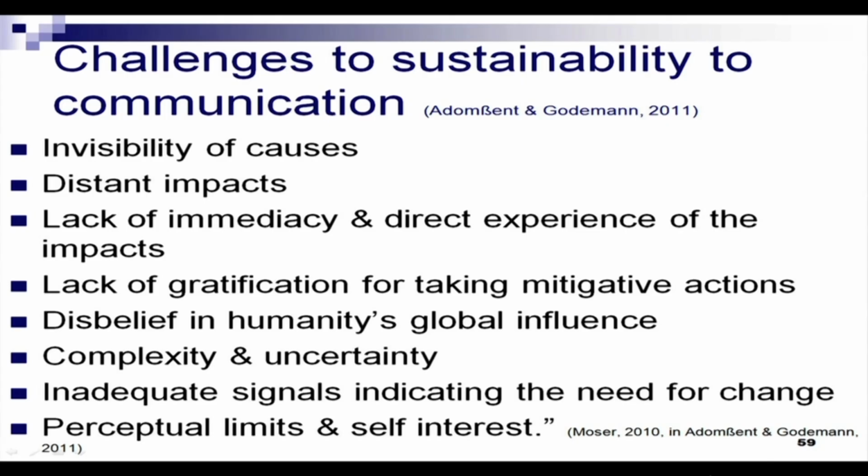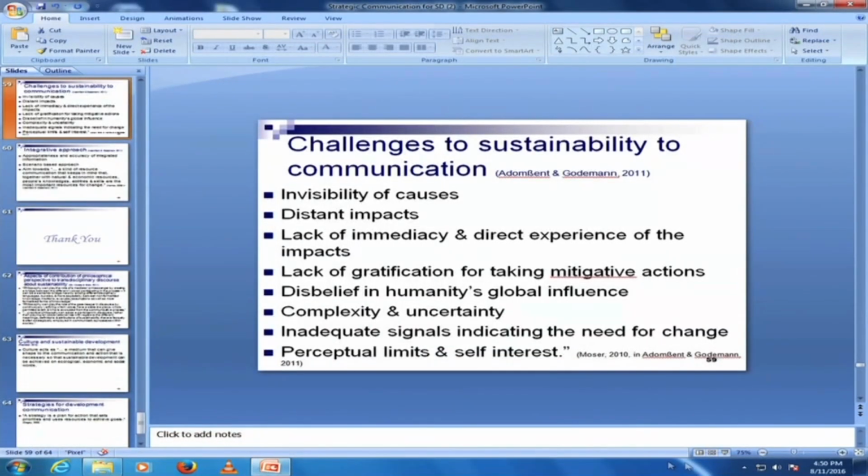Distant impacts. How far will our efforts reach? Lack of immediacy and direct experience of these impacts. So, we don't know how what we are doing will affect things, or how it will affect what we are doing. So, that immediacy is not there.